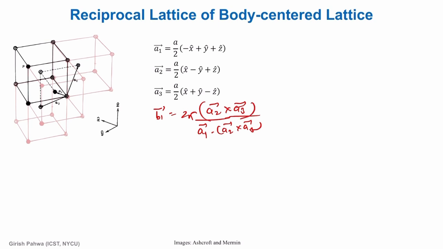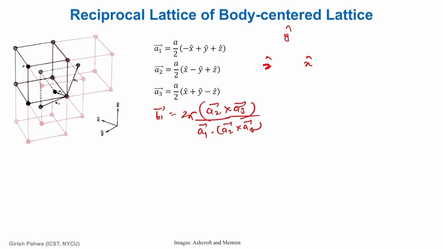Now you have to calculate A2 cross A3 and then take the dot product here. Not very difficult. How do you take the cross product of two vectors? You have two methods. You can do it like this: x, y, z. Whenever you have x cross x, y cross y, z cross z, that will be 0.